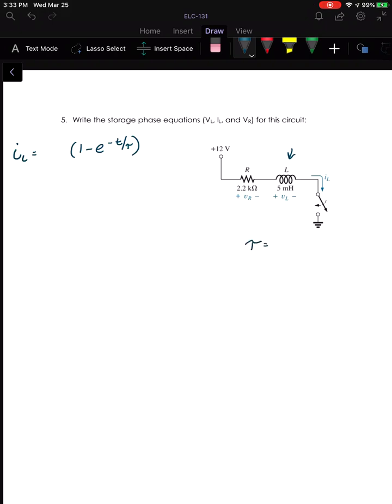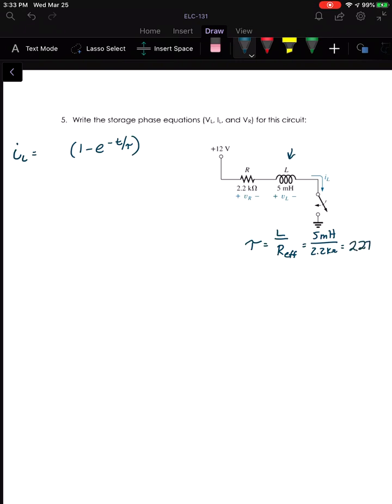So we're going to need to find our tau. Let's find that right now. It's L over R, the effective resistance of the circuit as seen by the inductor. So we've got 5 millihenries of inductance and 2.2 kiloohms of resistance.